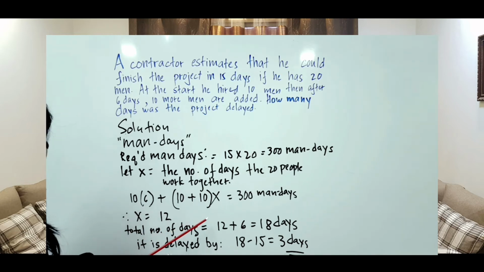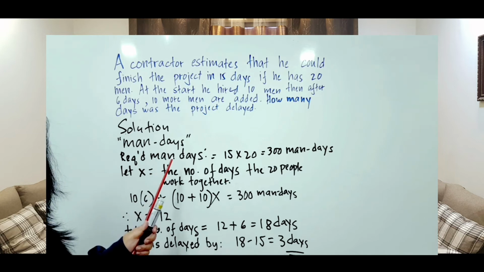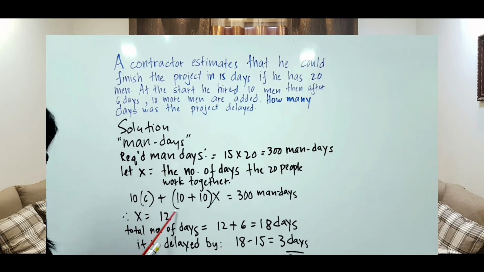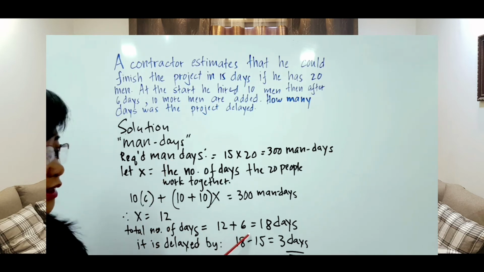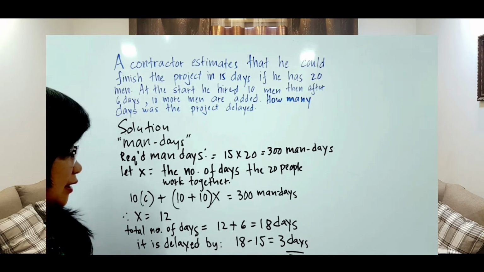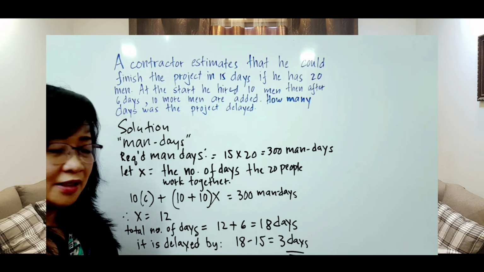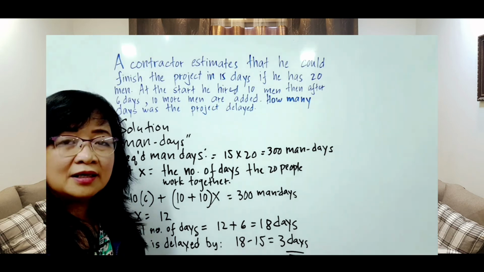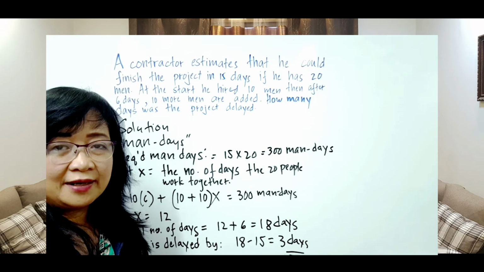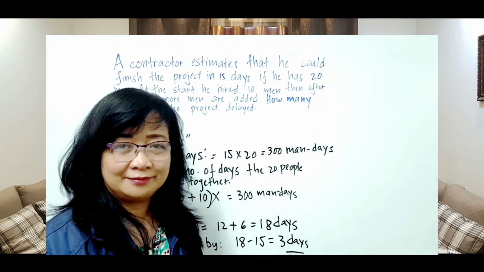Then, originally, they work the 10 people for 6 days. So, 12 plus 6 is equal to 18 days. That means, because it is 15 days originally, so 18 minus 15, then the project was delayed for 3 days.